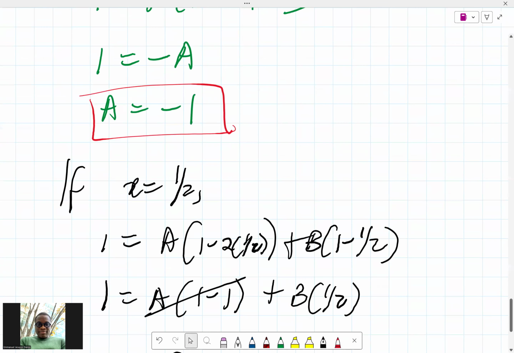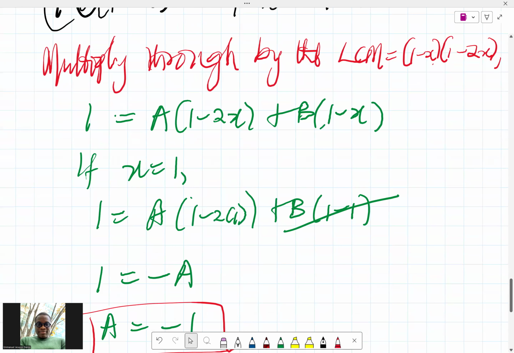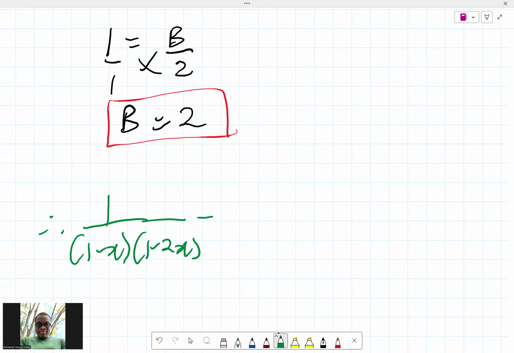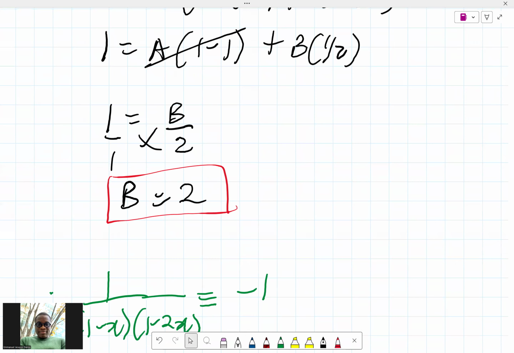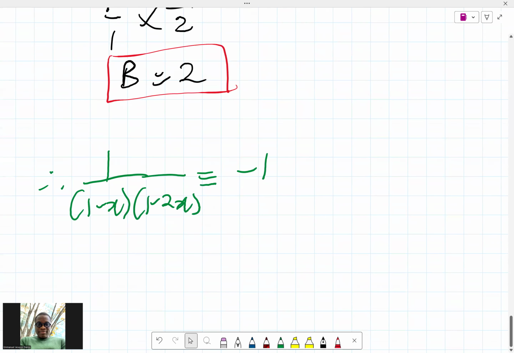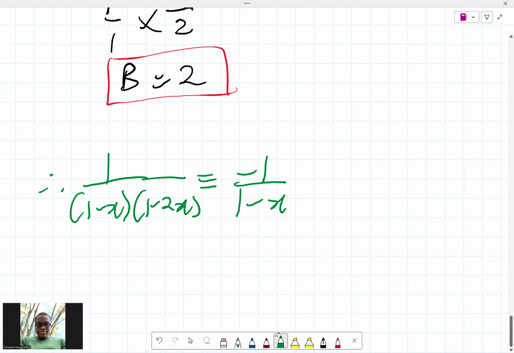So our G of X now, we can then say, therefore, 1 over 1 minus X into 1 minus 2X is equal to, it's the same thing as, A is now minus 1, all over 1 minus X, and B is 2. That's 2 all over 1 minus 2X.